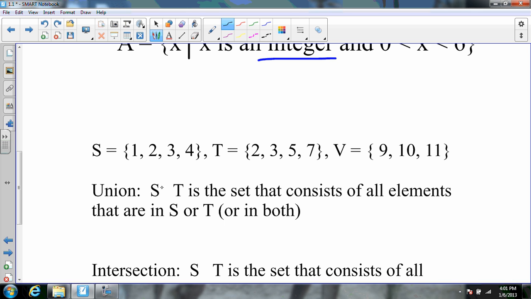A union of two sets, S union T, is just a U in the middle. It's the set that consists of all the elements in S or T, or in both. So when we write out S union T, we want every number that's in S or T, but we do not write repeats.